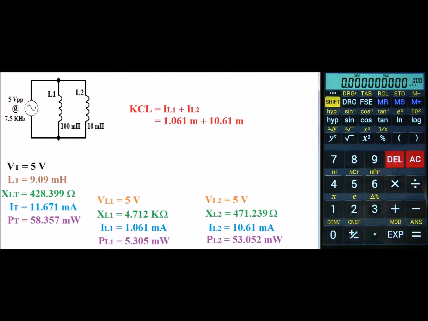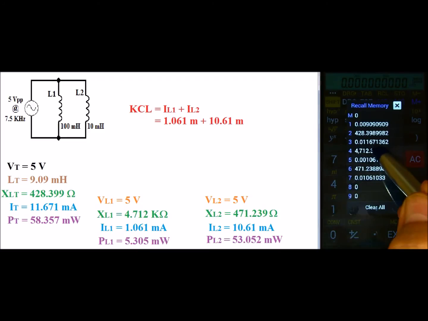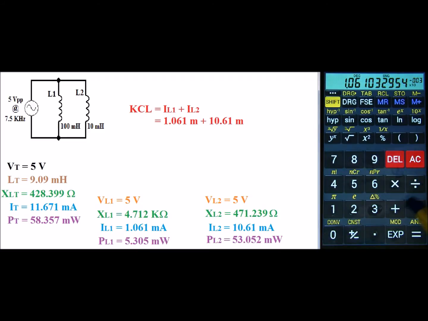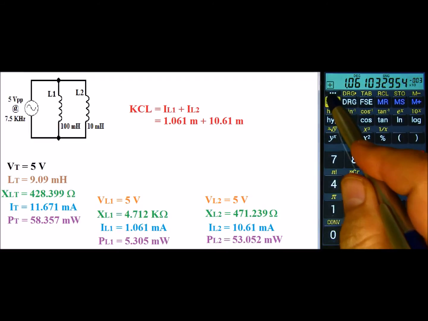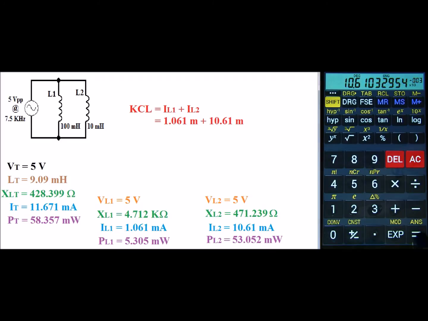So we're going to recall the current of L1 plus the current of L2, and we have a total current of 11.671 milliamps. So we are correct. And that is a parallel inductor circuit.